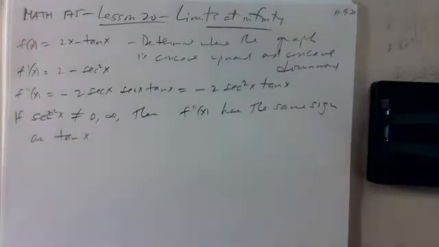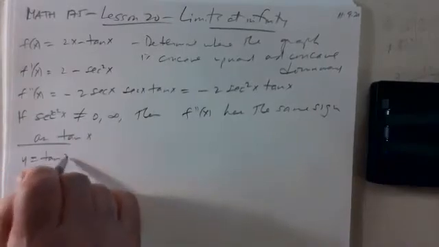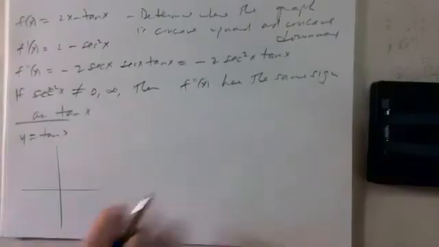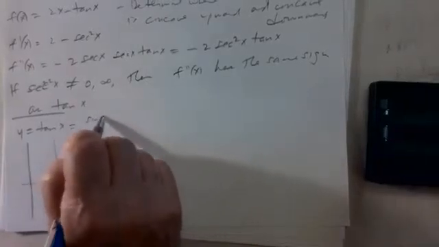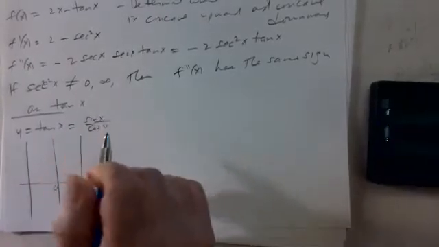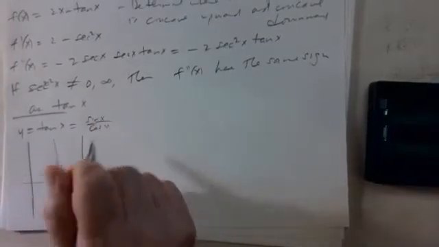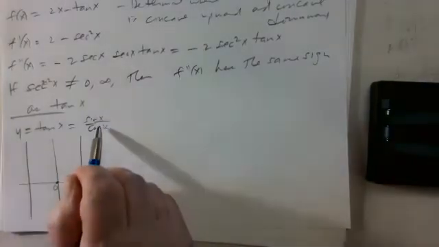So let's recall, what does the graph of y equals the tangent of x look like? It's 0 at 0. Tangent is sine over cosine. So when the sine is 0, which is at 0, it's 0. As you go from 0 to pi over 2, you're still in the first quadrant.